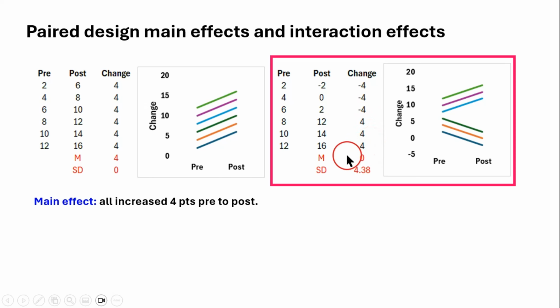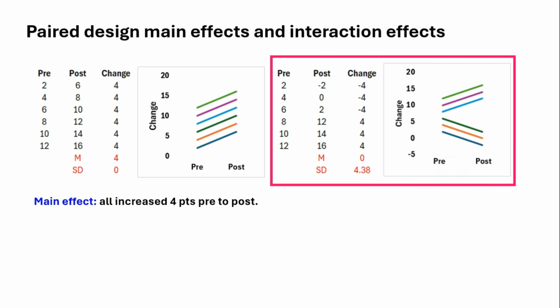The mean here is 0, okay? And so if you just look at the change without looking at this more carefully, you might think that the treatment had no effect because the mean is 0 pre to post. Standard deviation 4.38. And here's what the graph looks like over here.